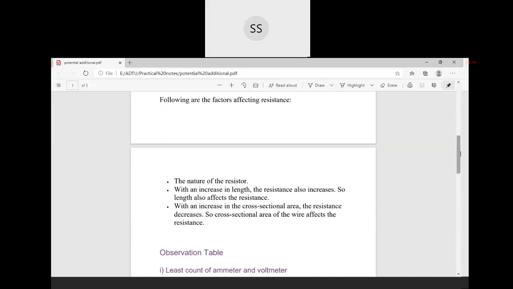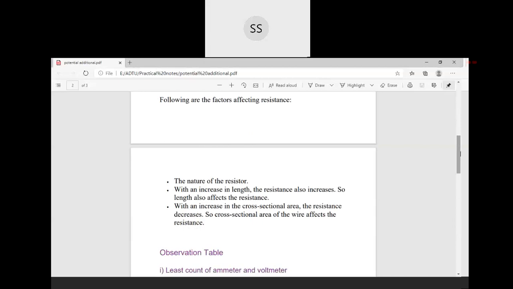Okay. The following are the factors affecting resistance. First one is the nature of the resistors. I have already told you nature is the material. Resistance will always depend on the material.